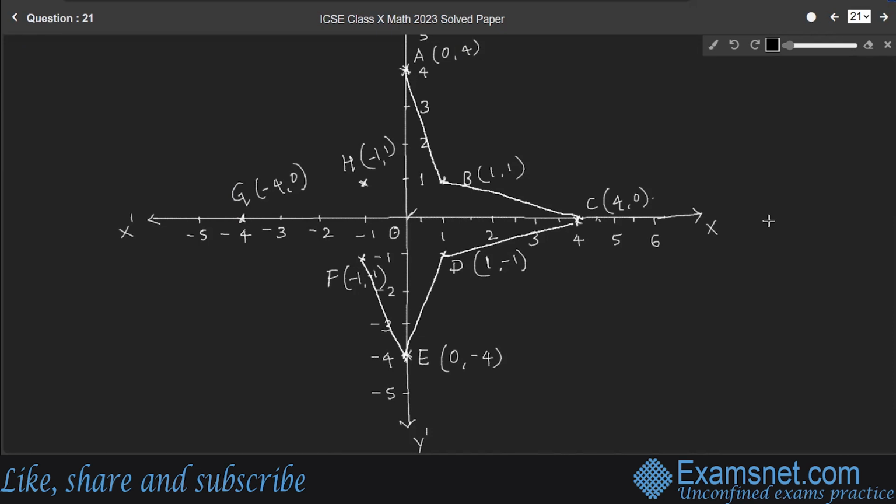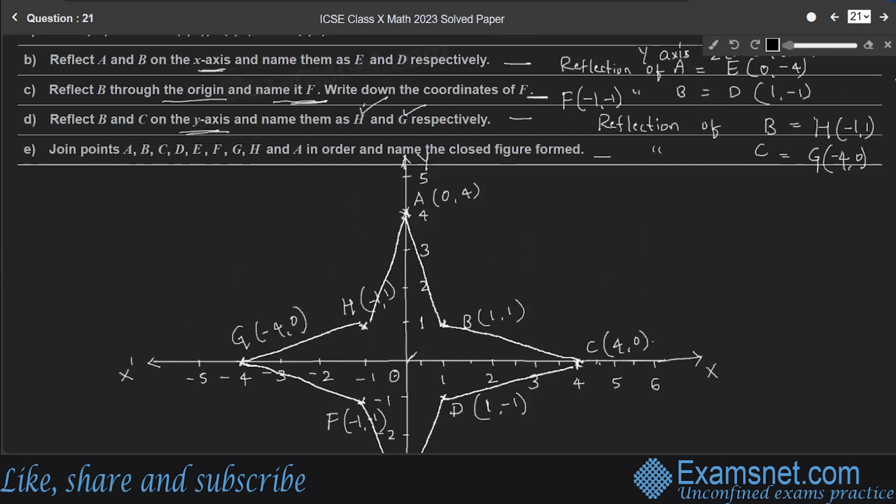Then G to H. Next is H to A. H to A. And name the closed figure so formed.